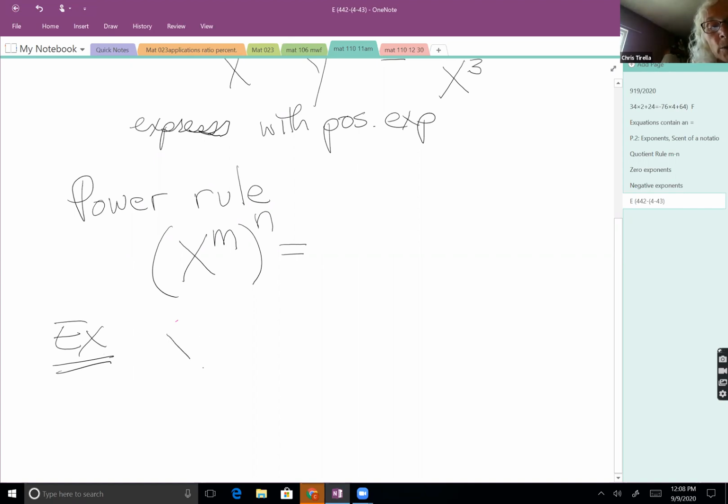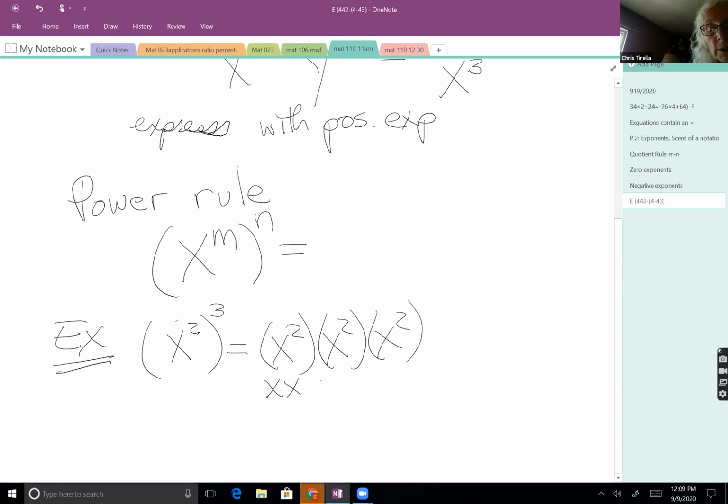If I have x squared to the third power, doesn't that mean I've got x squared times x squared times x squared, or 2 x's times 2 x's times 2 x's, which would give me 6 altogether. And so if I raise a power to a power, it has that effect of multiplying exponents.